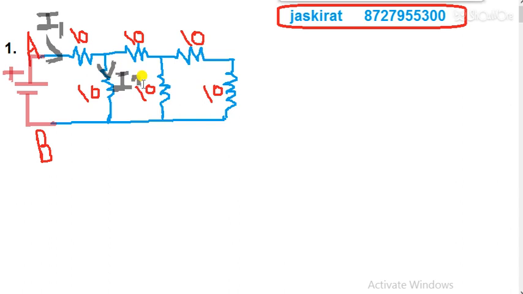In this branch I3 current goes, because at a point where there are two branches the current will be divided. Then in this branch let's suppose I4 current is going, and in this last branch with the 10 ohm resistance, let's suppose I5 current is going.